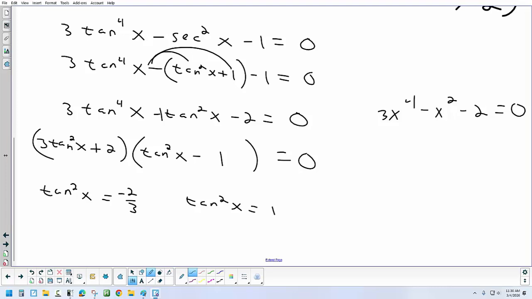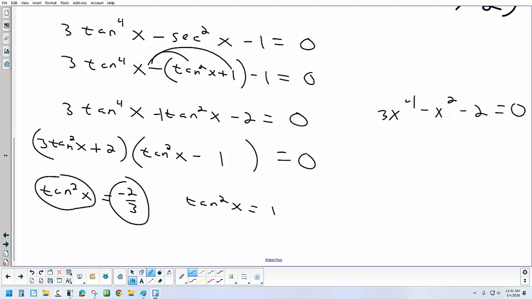What's your first step, regardless of which one you want to solve? You have to do what on both sides? Take the square root. Yeah, take the square root. What's going to happen on the left when we try to do that? Okay, so this part would turn into tan x.